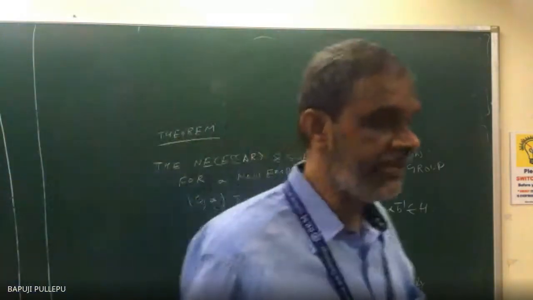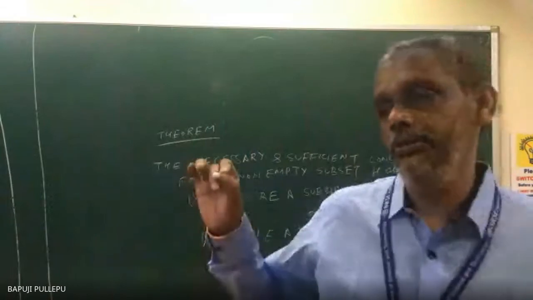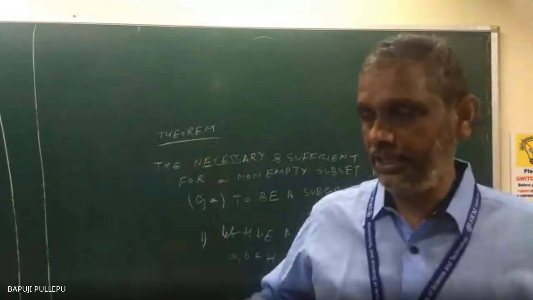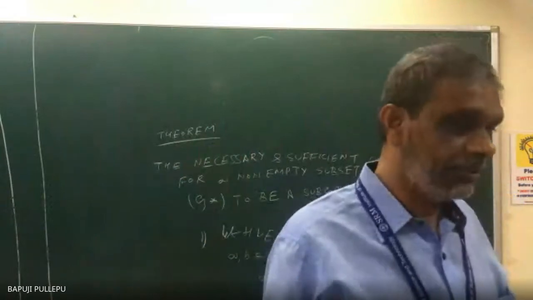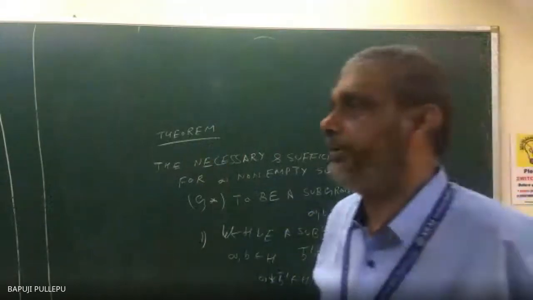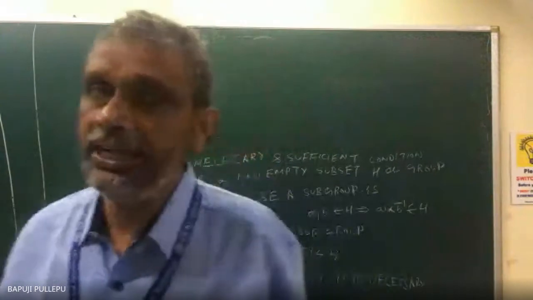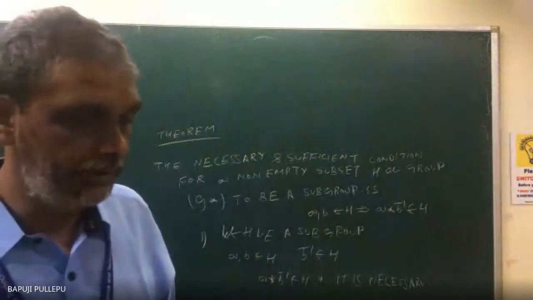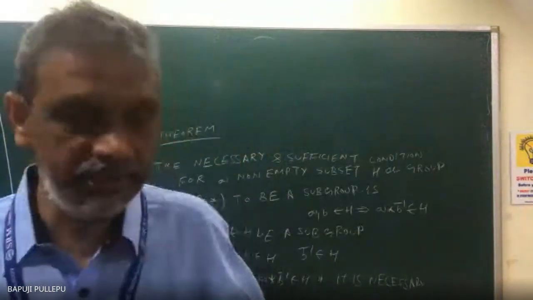Now, first I am assuming H is a subgroup. Then I proved A star B inverse also belongs to H. Now, for the second condition I will take A, B inverse belongs to H. Then I want to prove that H is a subgroup. Correct? Copy it or not? Just copy it down fast.